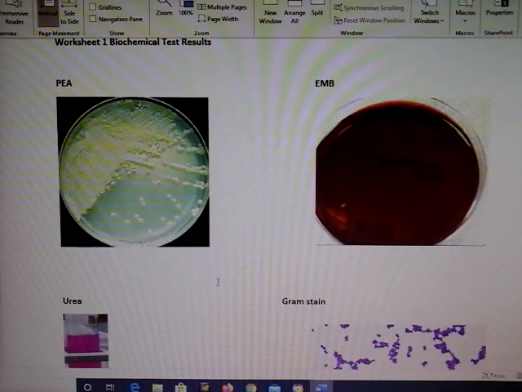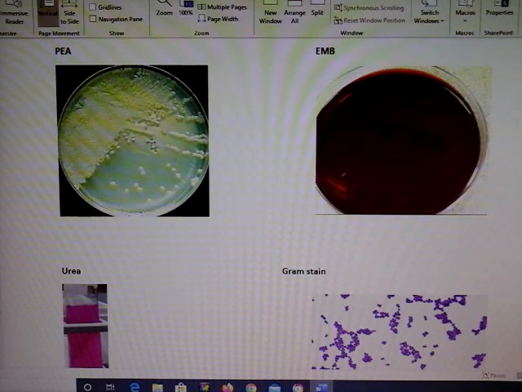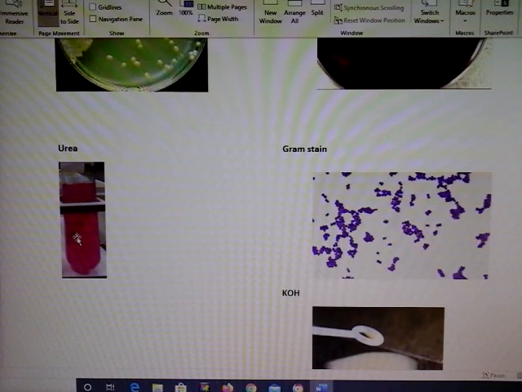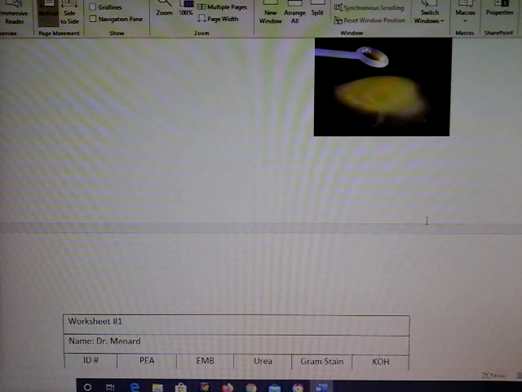This is an example. So you look at the results, okay? I see some pretty good growth on my PEA here. EMB, nothing's growing. Wow, bright pink for that urea, pretty cool. Your gram stain, definitely purple, looks like cocci. And KOH string test, nothing really showed up. Okay, well, I see the bacteria, but I don't see any string or stickiness.